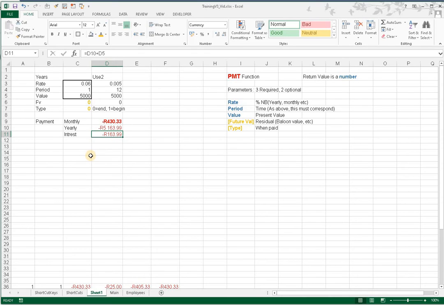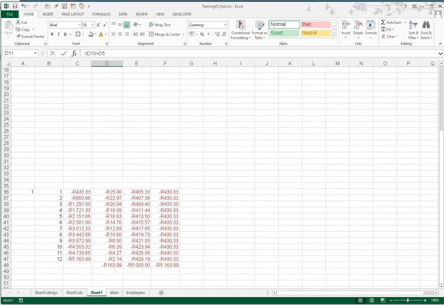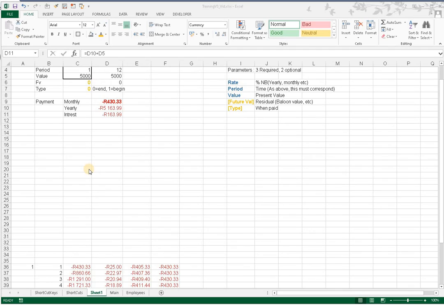But there are other functions, for example IPMT and PPMT, to show the interest or the principal part of a loan. And I've done that. This is only about PMT, but I'm quickly going to show you in this little table.